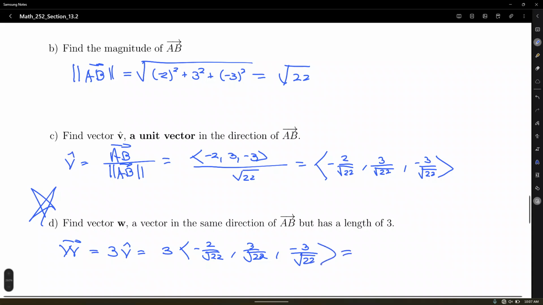And just multiply 3 times the numerators of these components, that is -6 over the square root of 22, 9 over the square root of 22, and -3 over the square root of 22. If you find the magnitude of this vector, you will find that it's going to give you 3. Okay? We don't have to show this.